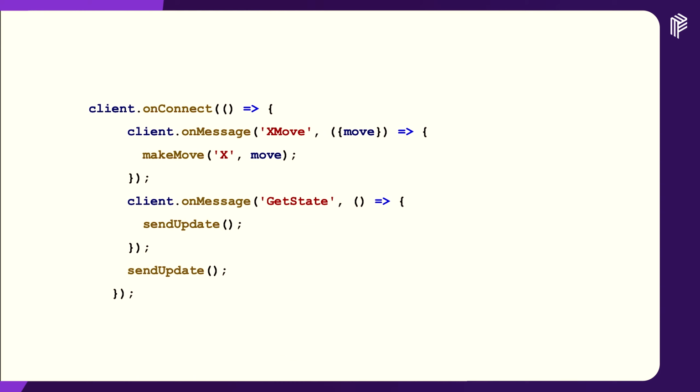And the unspeakable things inside of the onConnect: when we receive a make move message from the mobile, we calculate the next state. When we receive a request for the state, we send the state to our mobile. And once the plugin starts, we proactively send the state to our mobile.